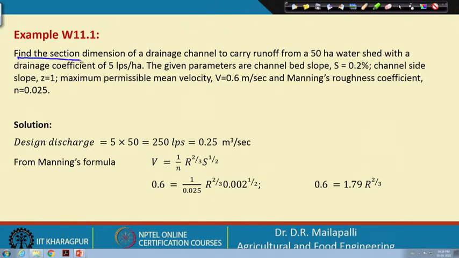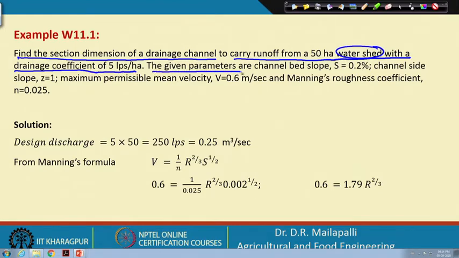So, here this is example number 1. Find the section dimensions of a drainage channel to carry runoff from a 50 hectare watershed with a drainage coefficient of 5 liter per second per hectare.